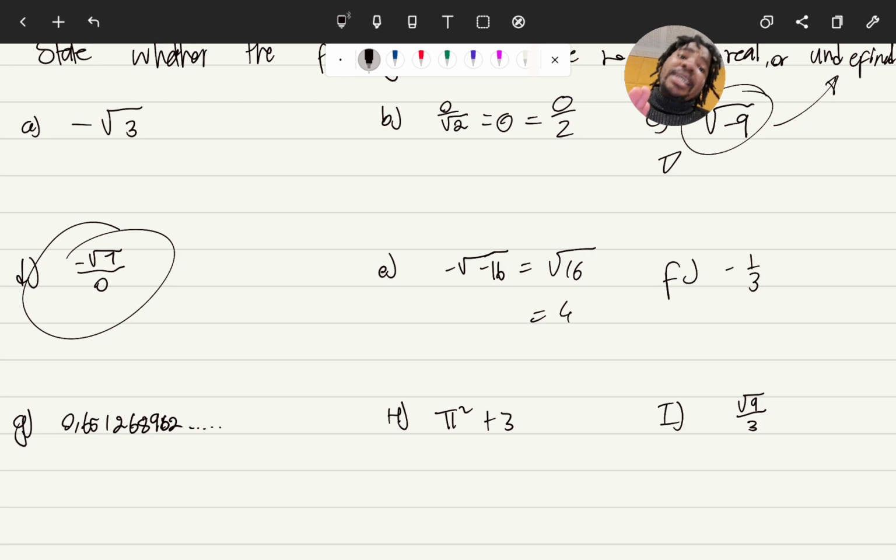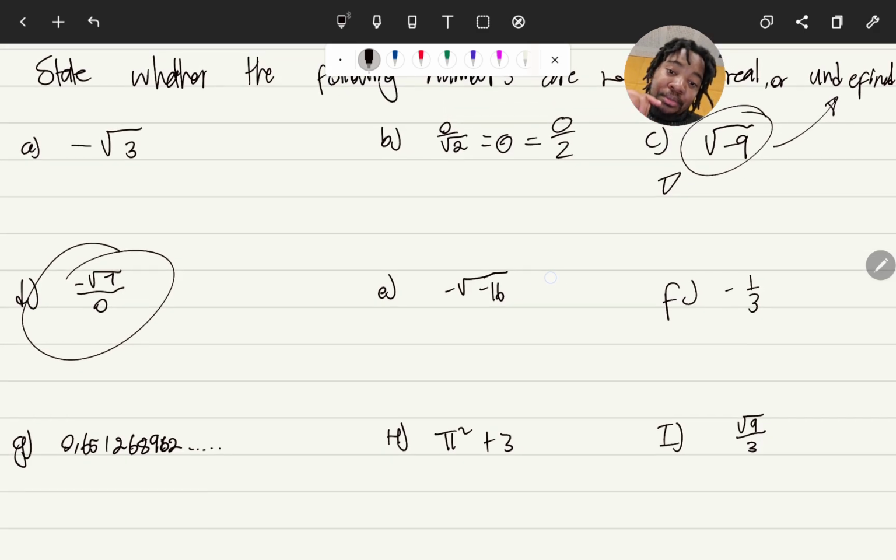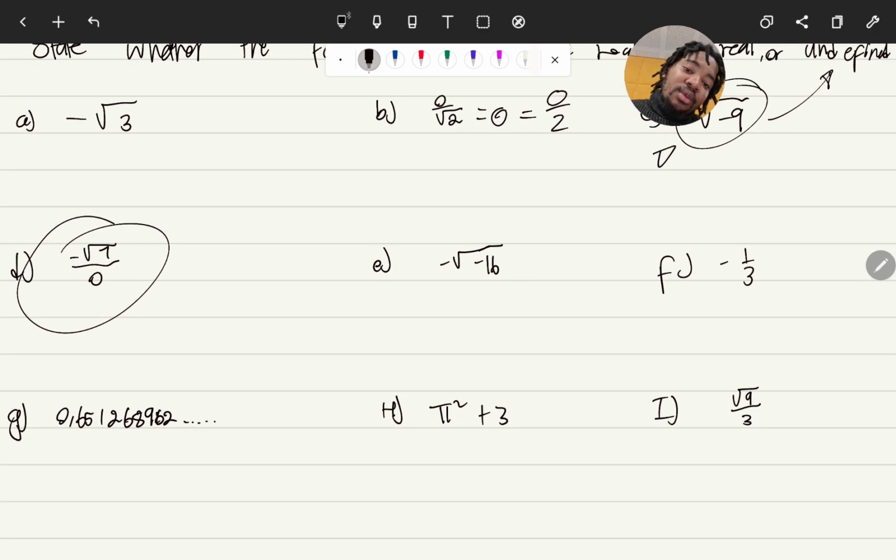That is a possible mistake someone can make, but remember, it doesn't work that way. So this math error, or you will just say undefined, just like we did for this example.